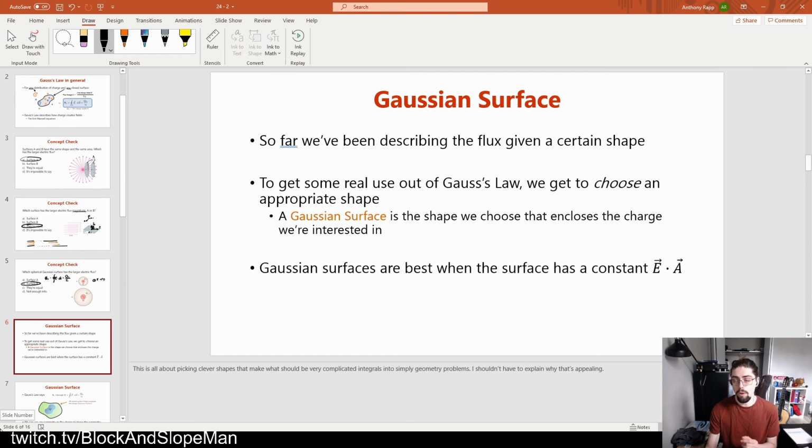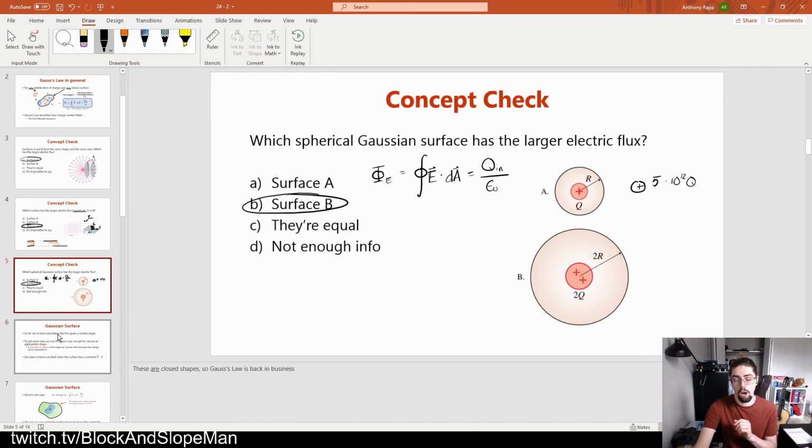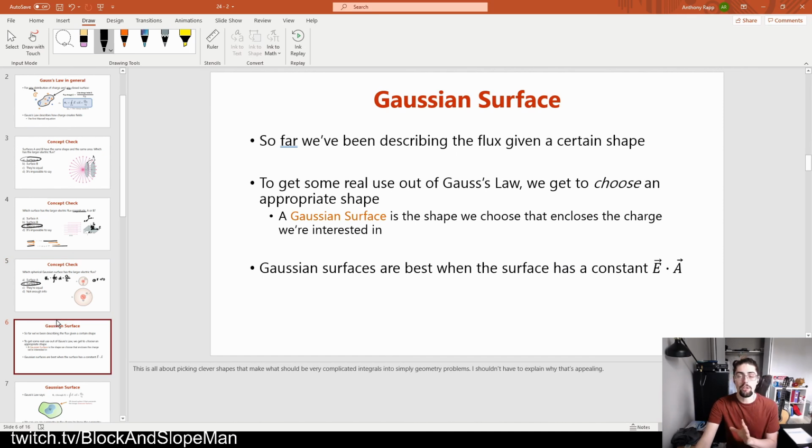Instead, we want to try and see if we can choose a Gaussian surface, choose one of these spheres that we draw around our charge, so that it's a lot easier to find the electric field of that charge. And the way that we have to do that is we have to be very careful with how we pick the symmetry.